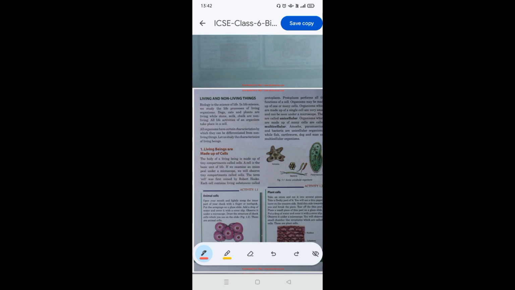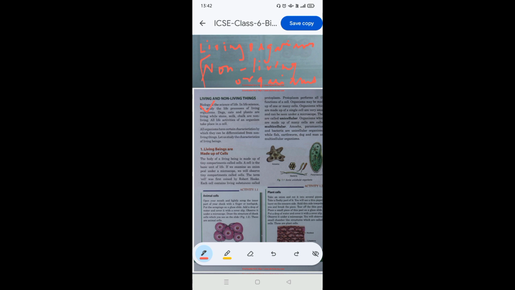First, living organisms and non-living organisms.